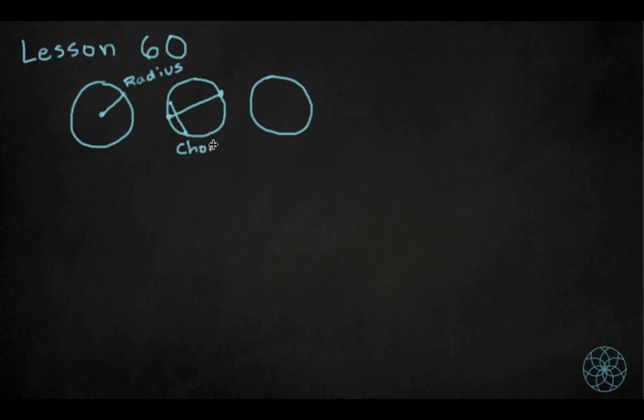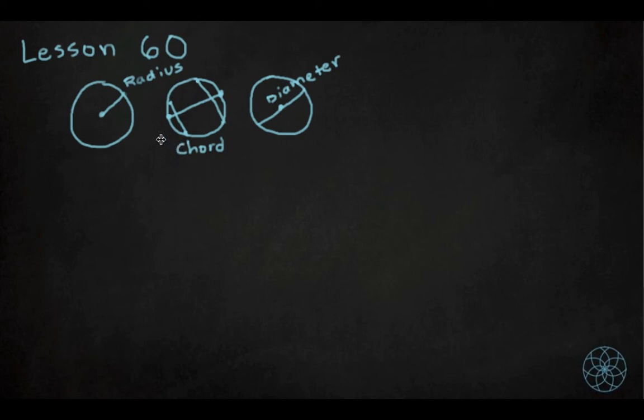As long as it touches at 2 points on the border, it's called a chord. And lastly, if there's a chord that goes directly through the middle of the circle, it's called the diameter. In other words, the diameter cuts that circle perfectly in half. A radius is from the middle to the outside, and a chord can be from just any 2 random points on the edge of that circle.